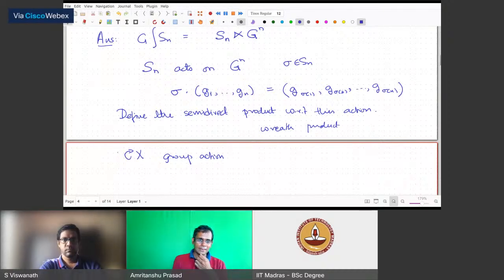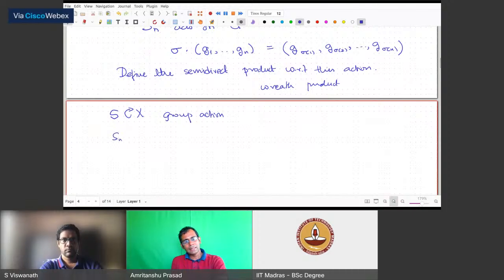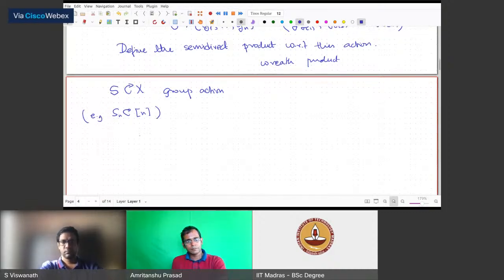S, just because it's going to play the role of the symmetric group. So in our example, we had Sn acting on the set 1 to n. Then you have a group H. With respect to this action, you can define the wreath product.